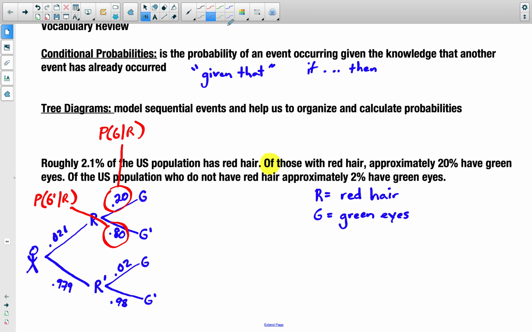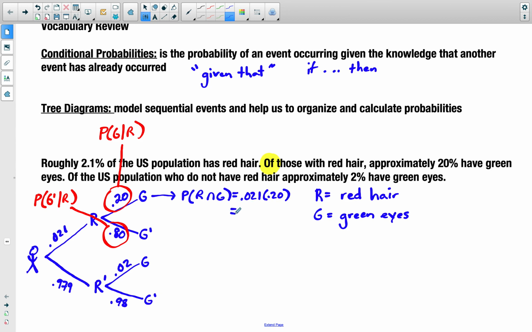I would recommend that you also carry on and find the probability that both events occur. Probability that R and G, person has red hair and green eyes. And that can be found by multiplying 0.021 times 0.2.